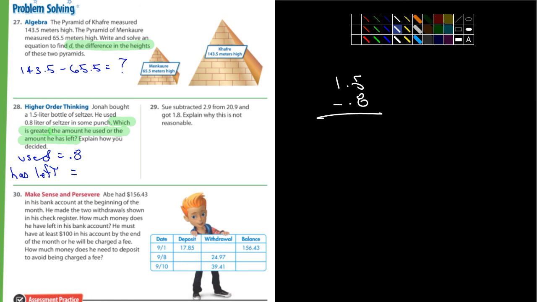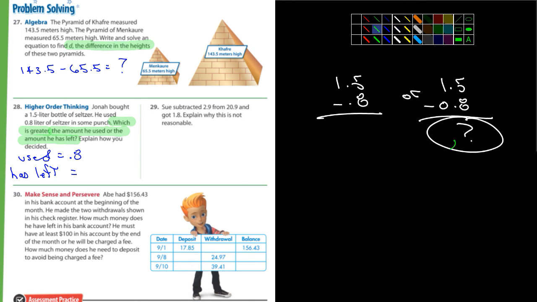Or you could have written it like this, 1.5 subtracting 0.8. It's going to be the same thing. You'll get the same answer no matter what. So that'll be the answer. Once you have that, then you can compare the two.